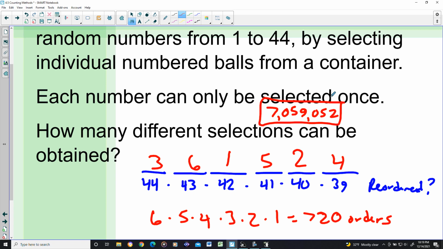So if you were to buy 10,000 tickets at a convenience store in one day, you would need to do that in 700 different stores. Actually, in this case, you'd have to do that in 706 different stores in order to buy all the combinations of lottery tickets. Yikes, that is a lot.